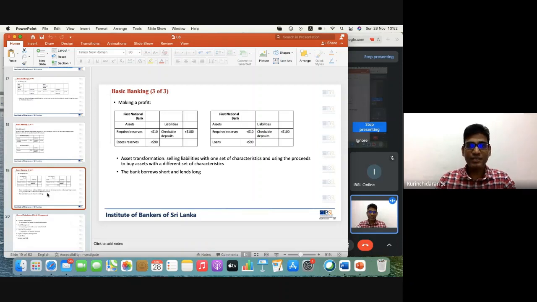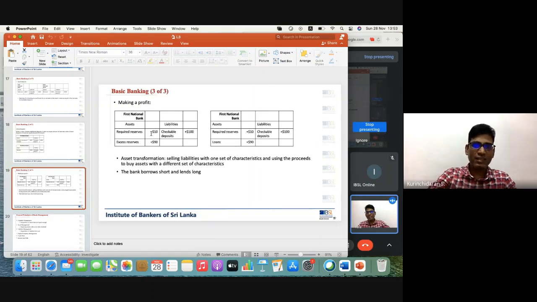The business comes from the reserve requirement. Let's look at the first table: checkable deposits of 100 under liabilities, but now the central bank's reserve requirement is only 10%. Earlier I said to assume 100%, where whatever deposits come in are accounted as reserves. Now let's assume your required reserve is only 10.